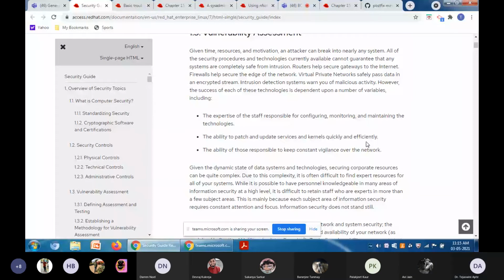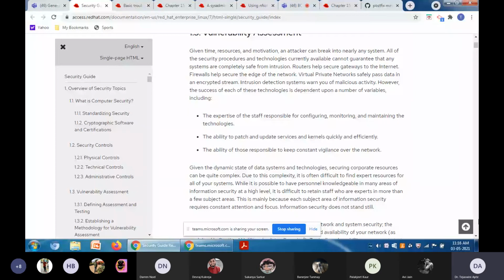Yes, ma'am. We are discussing the application protocols and how exactly things are going to work. Now, the dynamic state of data system technology, securing corporate resources, can be quite complex. It is often difficult to find expert resources for all of your systems.